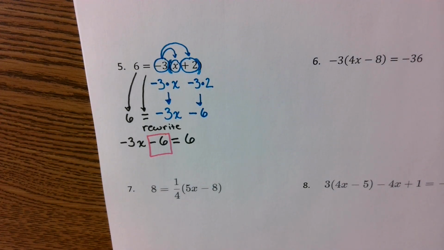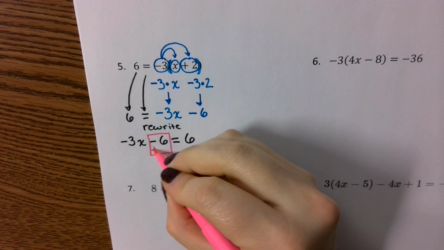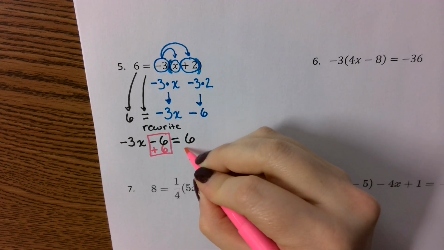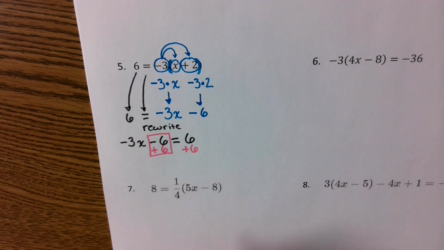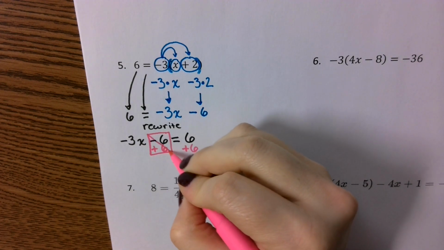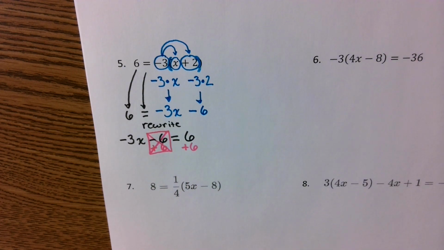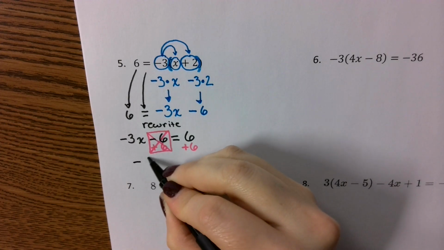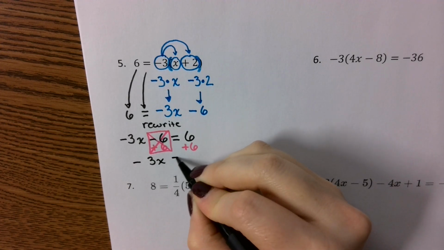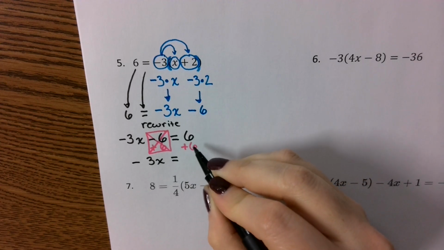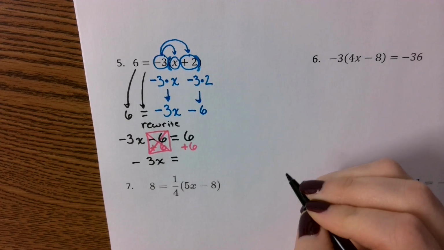Are we going to add it or subtract it? Add it. We're going to add 6 to both sides. Then we boxed it and crossed it. Good job. Okay, so when we do that, we're going to get negative 3x is now equal to what? What's 6 plus 6, Jada? 12.